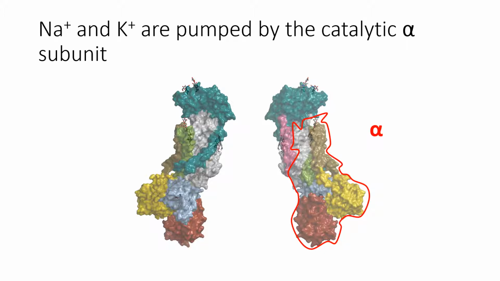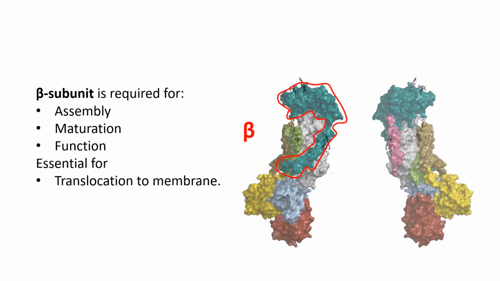Sodium and potassium are transported by the catalytic alpha subunit. The beta subunit doesn't participate in ion transport, but it's required for assembly, maturation, and function of the pump.